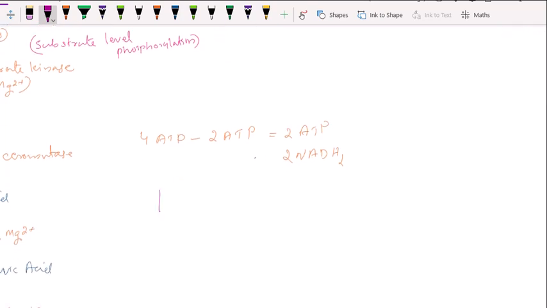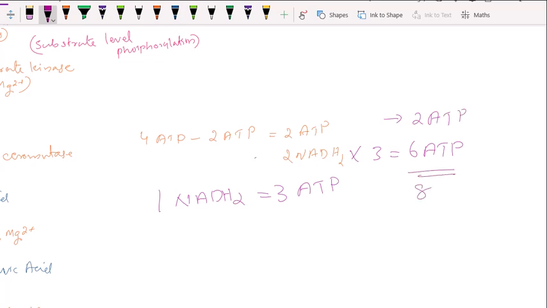1 NADH2 equals 3 ATP. So 2 into 3, that is 6 ATP can be produced. Here 2 ATP, so the total is 8 ATP. This is the net gain of energy in glycolysis.